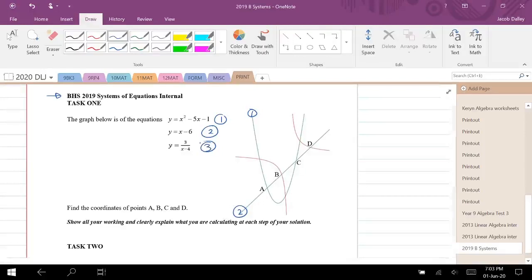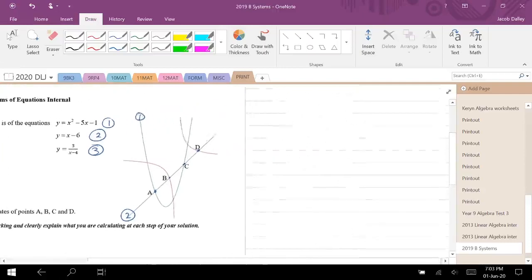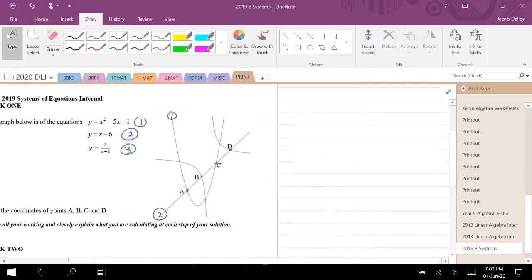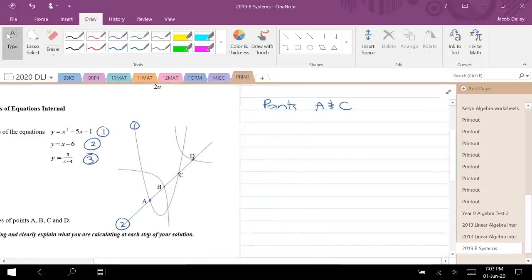So we want to find all the points that are intersecting on the line, so A, B, C, and D. We can find points A and C by solving for the intersection between the parabola and the line.